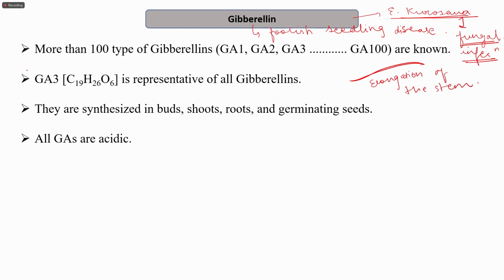So more than 100 types of gibberellins, that is GA1 to GA100, are known. However, GA3 is the first one to be identified.